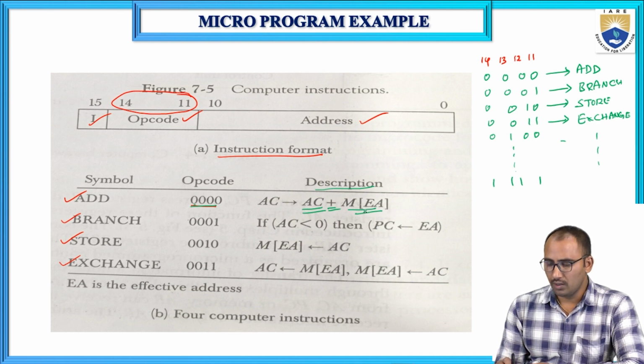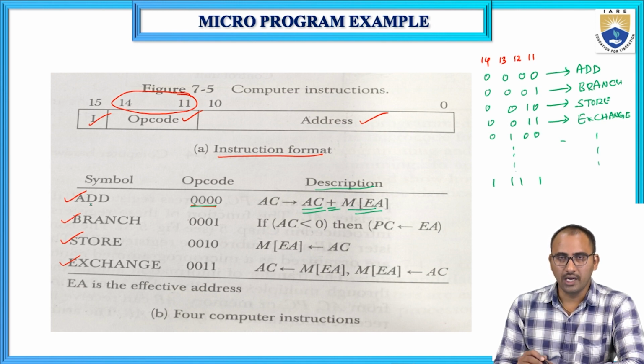So we need to calculate the effective address. That's why this add instruction performs addition of the operand stored at the effective address with the accumulator. After performing addition, the result will be stored in the accumulator itself. That is add. Next, branch.